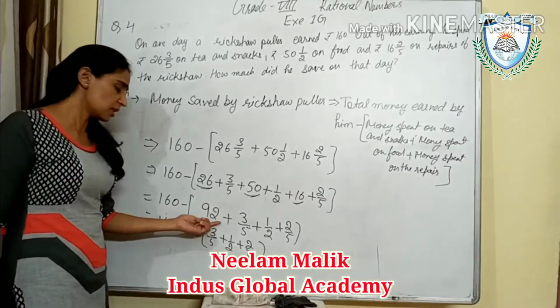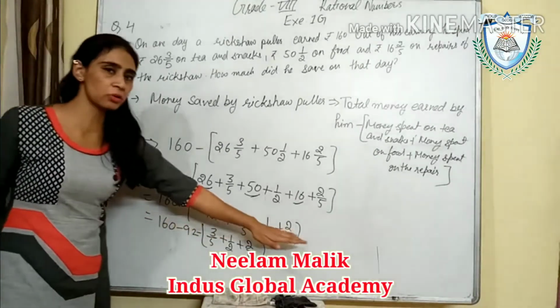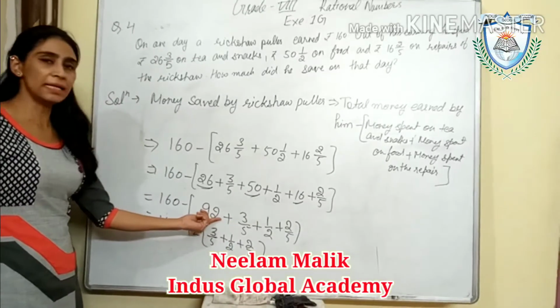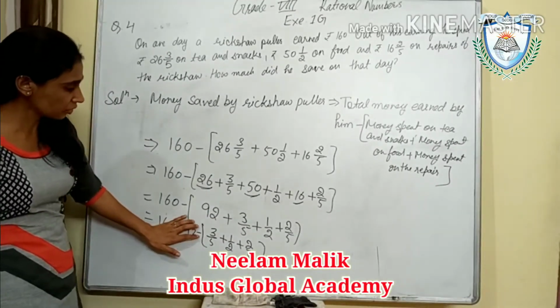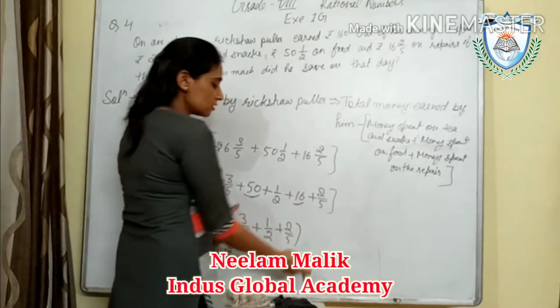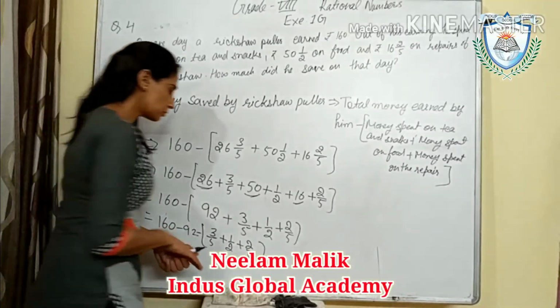I just take the 92 outside, because here is minus and we have to subtract all of this. So I'll take 92 outside and again put the minus sign, because when I solve this I have to subtract this also.